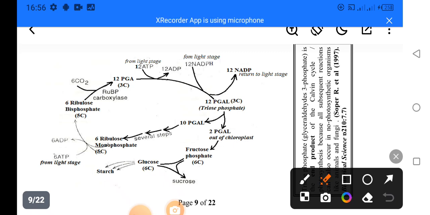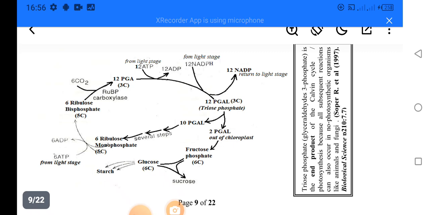Now it goes into what we are calling carboxylation, where it is worked upon by an enzyme, the enzyme we call RuBP carboxylase. This is the enzyme which works on this in the presence of carbon dioxide to reduce it to a 3-carbon compound, the one we are calling the PGAL. So that has been that cycle.